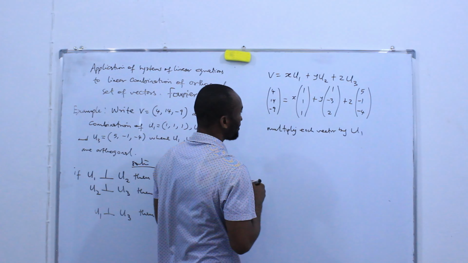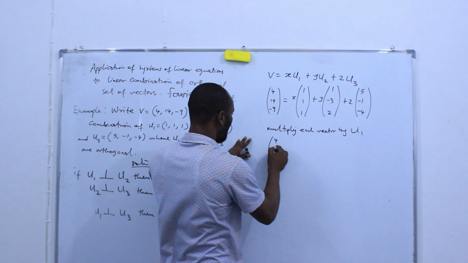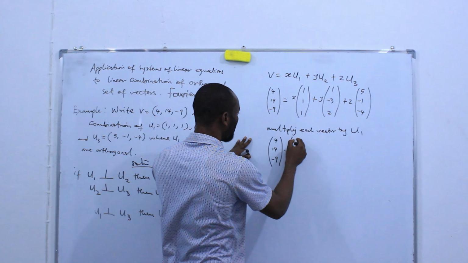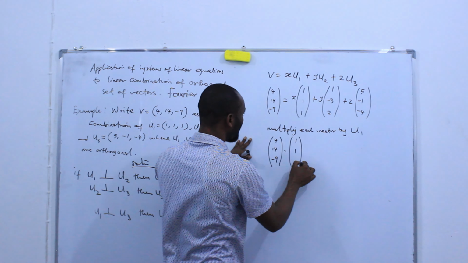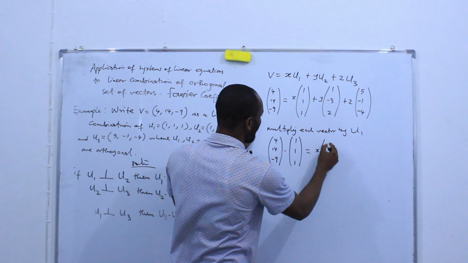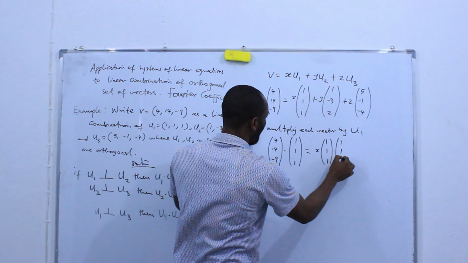If I multiply each vector by u1, I will have 4, 14, minus 9 dot product with 1, 1, 1 is equal to x, 1, 1, 1 dot 1, 1, 1.